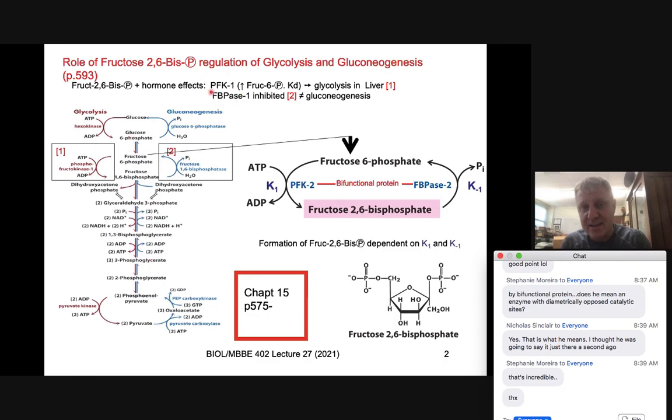But in this case, what we're seeing is the hormonal component of insulin and the high concentration of the fructose 2,6-bisphosphate promoting glycolysis at the cost of gluconeogenesis. So again, this seesaw of actions in regards to this statement.